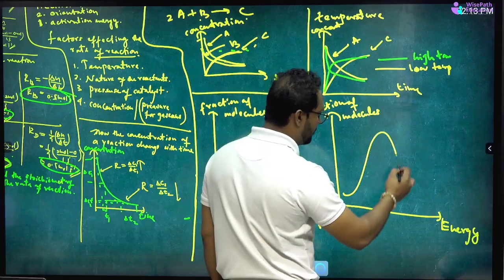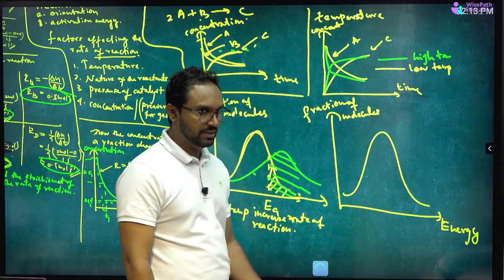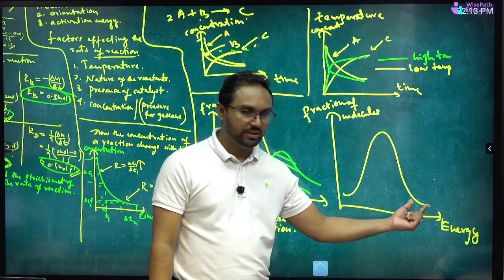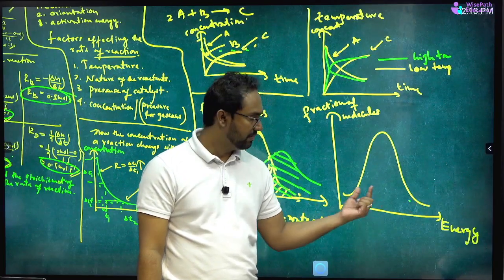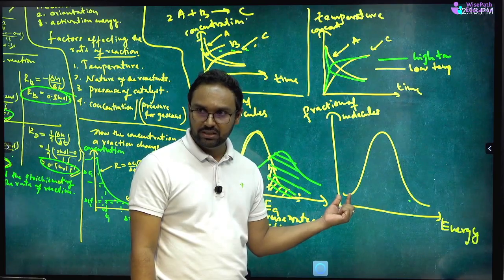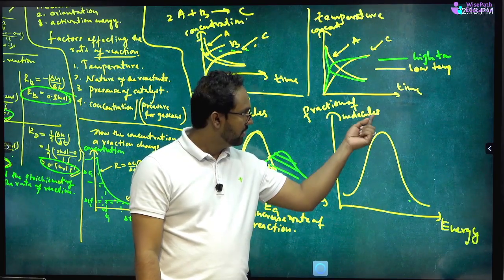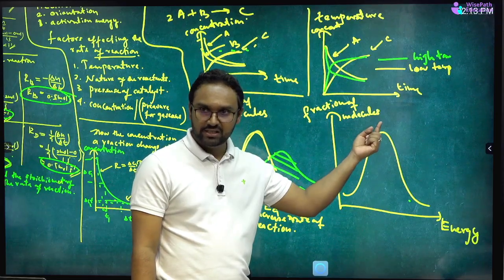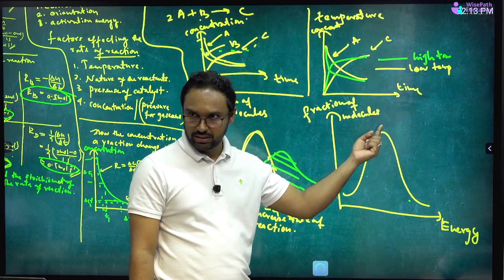And this is the normal Boltzmann curve, where the number of molecules in high energy is very low, the number of molecules in low energy is very low, and the fraction of molecules in average energy is the highest, right?